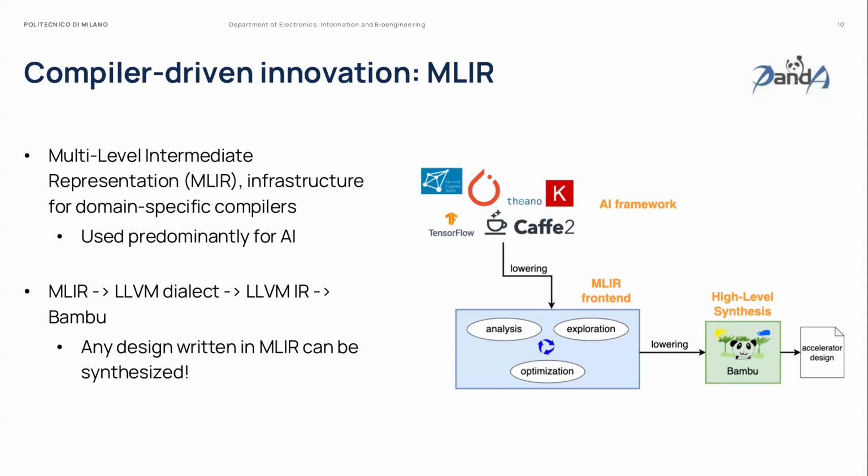The first cases were AI frameworks. And so we had experiments and this idea of creating an MLIR front-end for Bambu. We didn't touch anything in Bambu in this case, but we created this MLIR front-end with the idea that we could use this to interface with the AI frameworks and then run analysis, exploration, optimization passes, all in MLIR to pre-optimize what we were going to synthesize later.